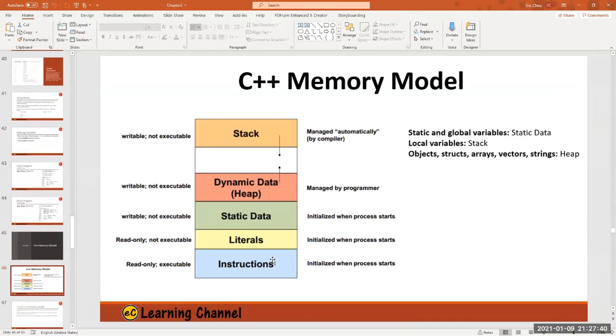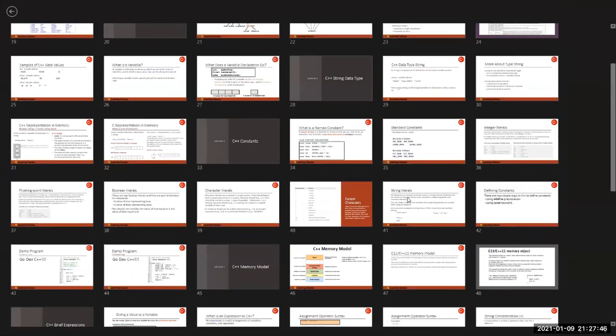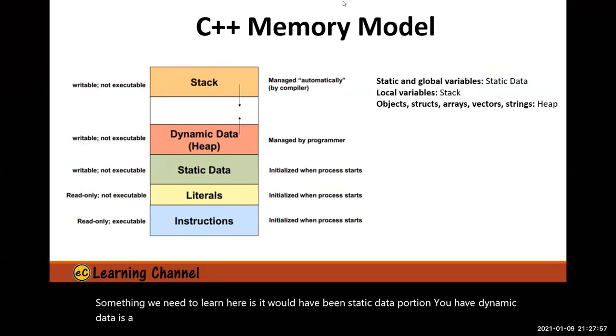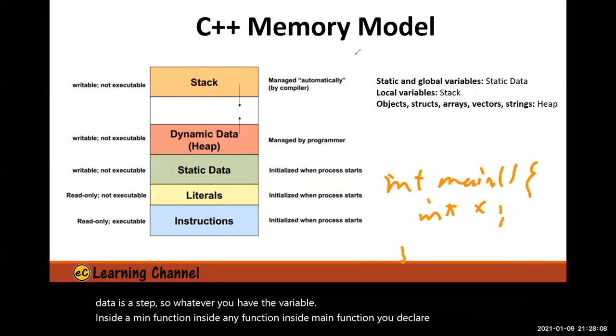Memory model. So the C++ language memory model, something we need to learn here is you would have a static data portion, you have dynamic data, and there's a stack. Whatever variable you have inside the main function, or inside any function, say you declare integer x, that one will go to the stack.